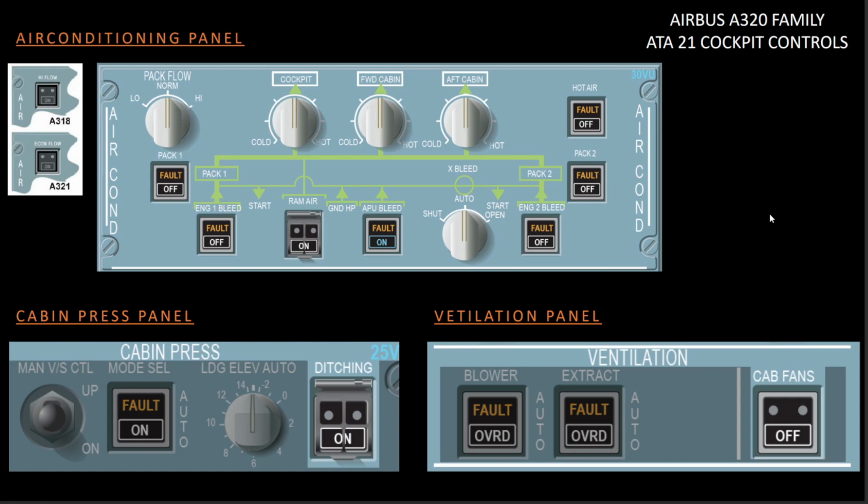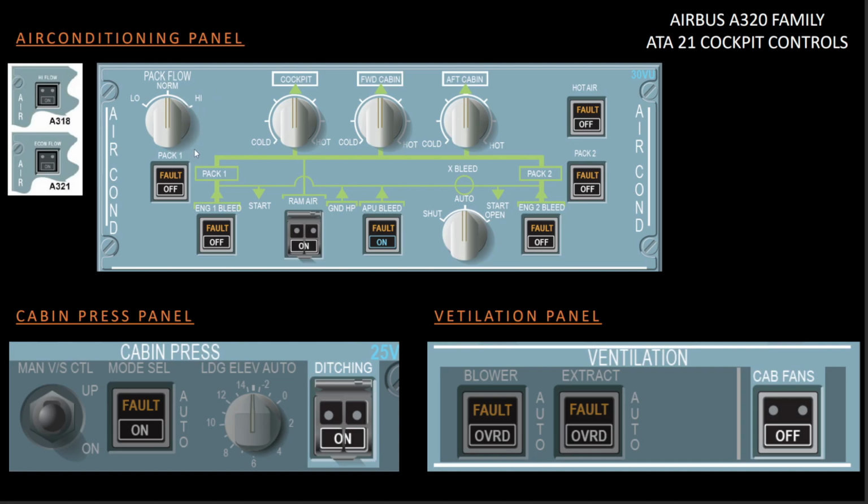So basically these are the controls you will find in the Airbus A320 cockpit when it comes to the air conditioning system. Just a quick summary, we have the pack flow control rotary switch here, and you have three positions: low, normal and high. Low corresponds to 80%, normal to 100% and high to 120%.